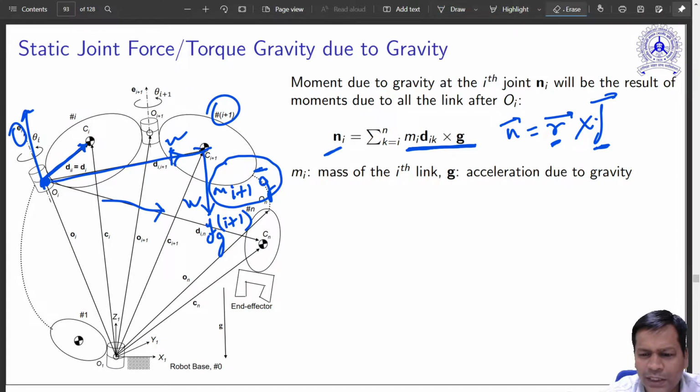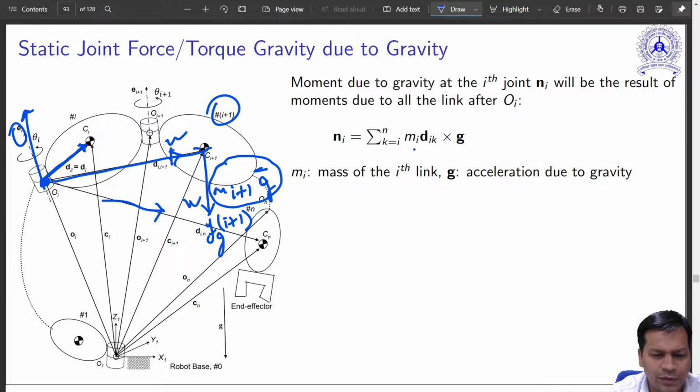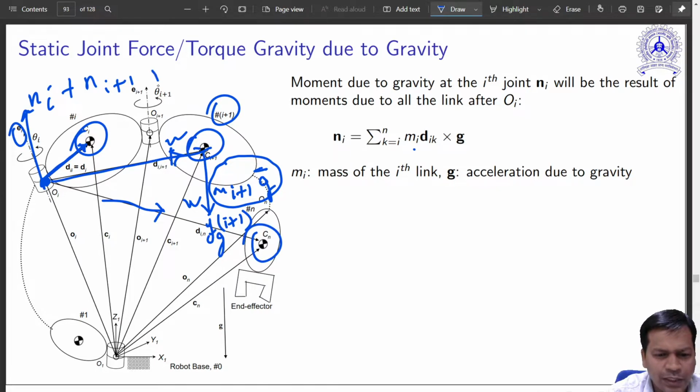The total moment that is acting over here due to all the links will be the summation of all of them. So it will be the sum of all the vectors. If it is an i due to this mass, plus an i+1 due to this mass, and so on and so forth, finally it will be for the nth, the moment due to this one.